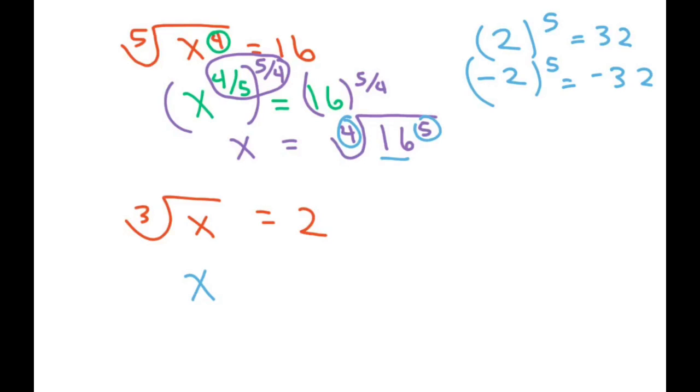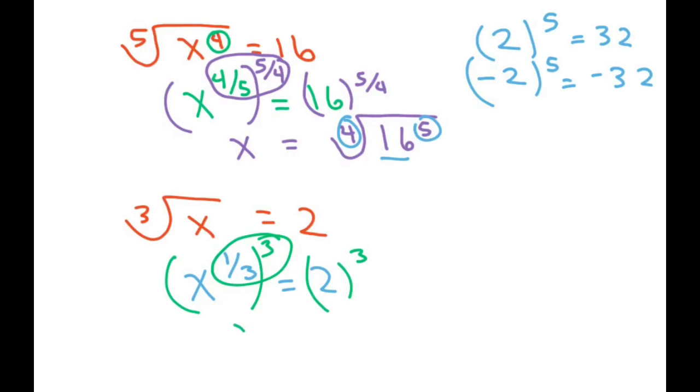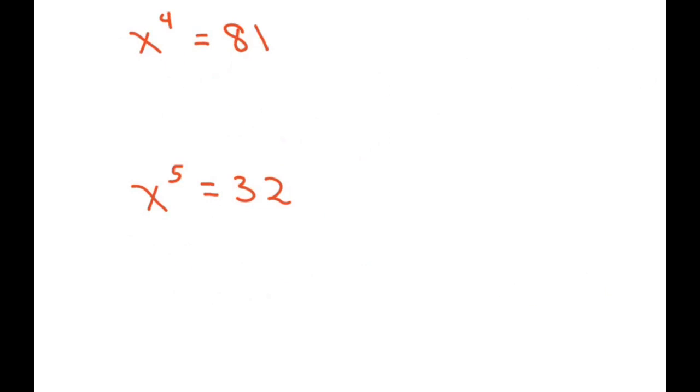The next one is x to the 1/3 equals 2. It is an odd n, so you just power this up by 3, so you get a 1 there, so you get x equals 8. Over 2 times 2 times 2 equals 8. All right, this one you can almost tell by looking.